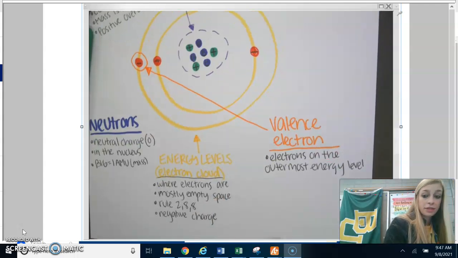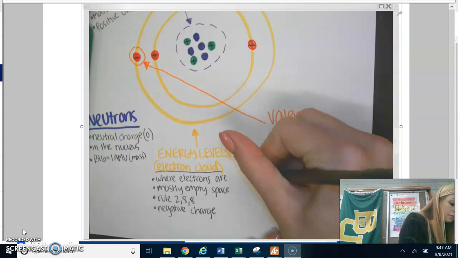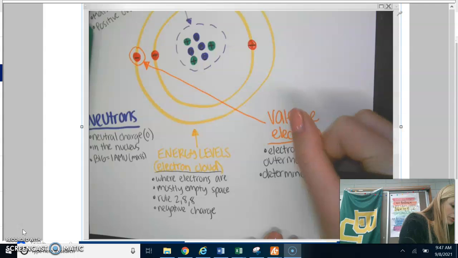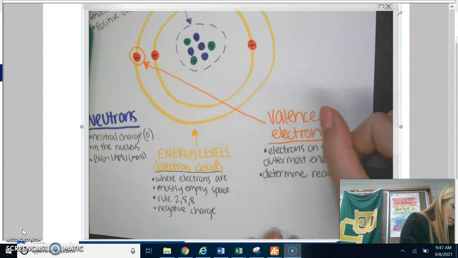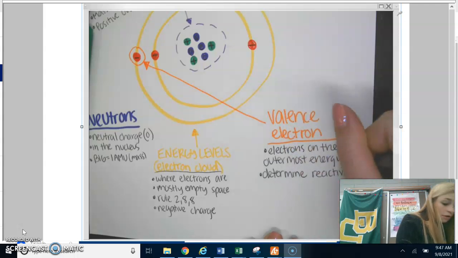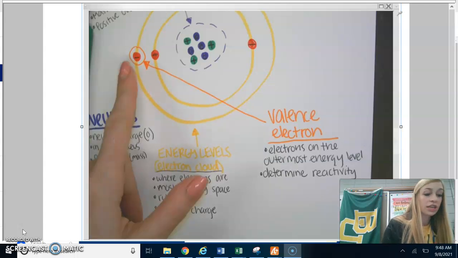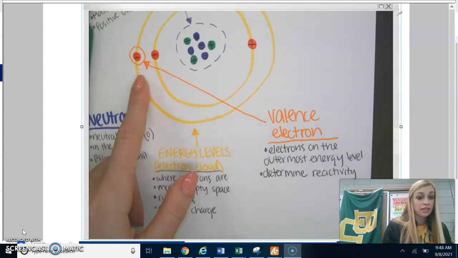And they determine the reactivity. You don't know anything about reactivity yet, but reactivity is: is this atom going to react with another element? Is it a crazy atom? It's running around trying to find another element to react with. Or is it a chill atom? It's not going to react with anyone else. So we figure that out by looking at the valence electron. So that's why these are going to be important.